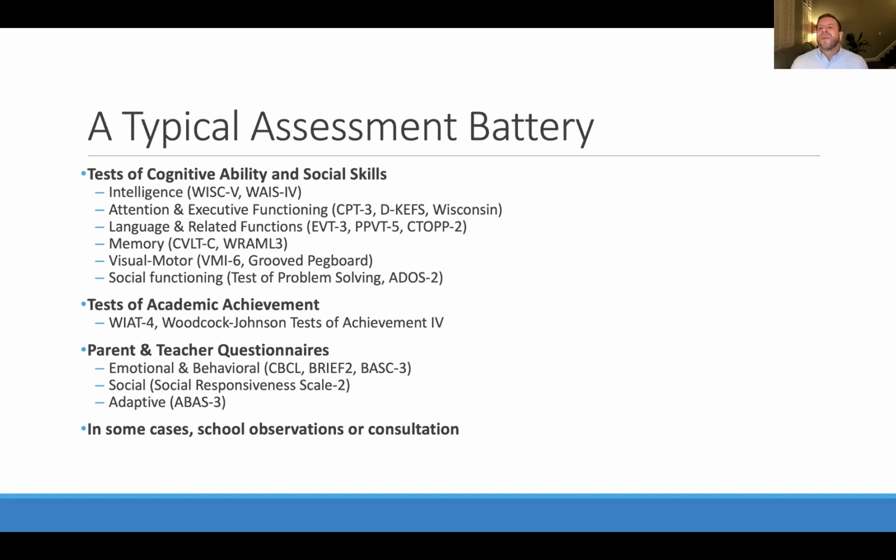We should be looking comprehensively at academic skills, because that's going to tell us how this is bearing out in terms of how a student's succeeding. And we should be using parent and teacher questionnaires, or at least very comprehensive clinical interviews, to integrate all of that in. And in some cases where there's a need to understand how a student might be functioning in a school setting, things like an observation can also provide additional data. So we're really trying to take a very broad view to understand how students function, get that very big picture.